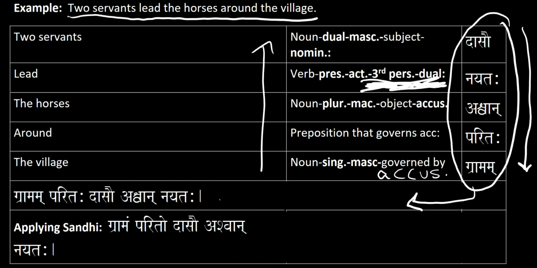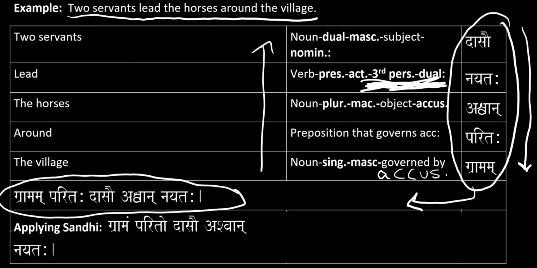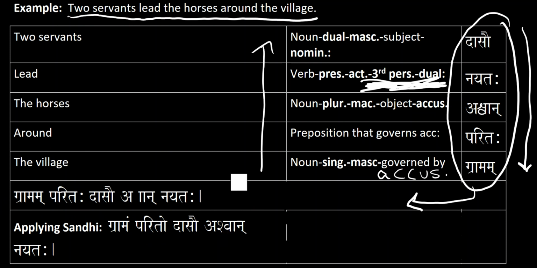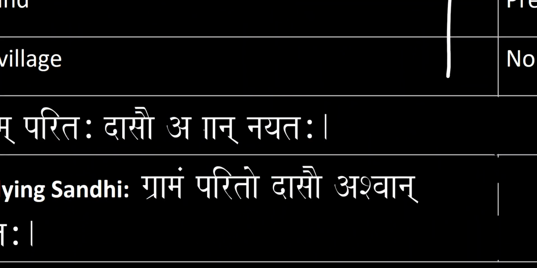But this is not our final answer. Why? Because we need to apply our sandhi. After applying the sandhi rules, I ended up with gramam parito daso ashwan nayataha. This needs to say ashwan.